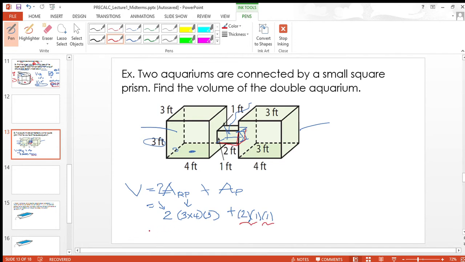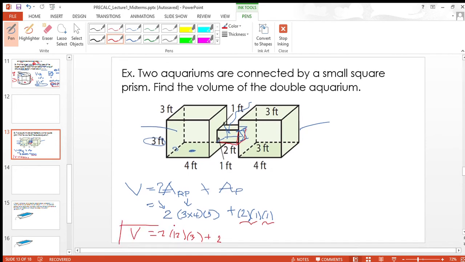So just compute. This will now be 2 times 12 times 3 plus 2 times 1 times 1, which is just equal to 2. So just compute. That will now give you the total volume. And if it's volume, it must be in cubic units. This is cubic feet. Final answer.